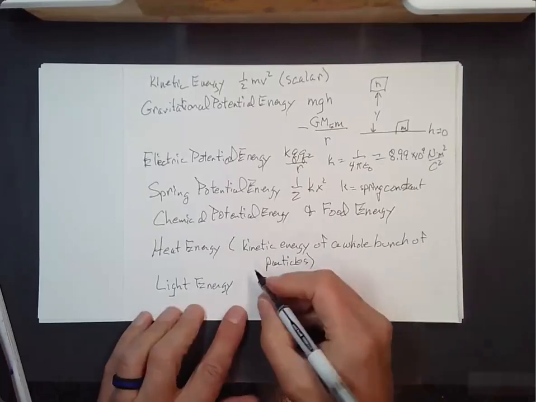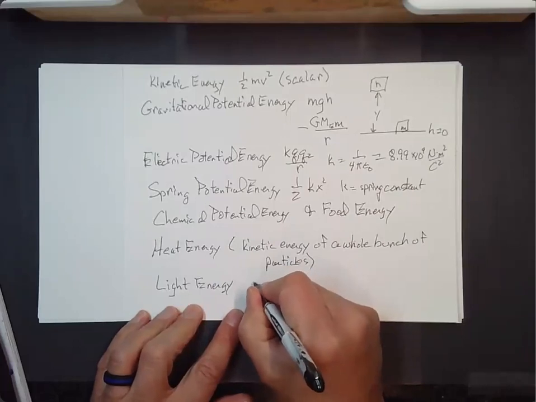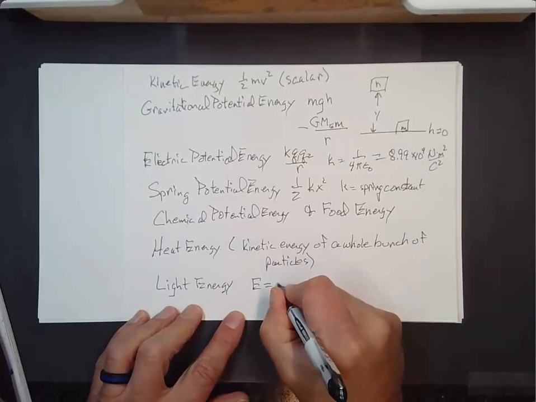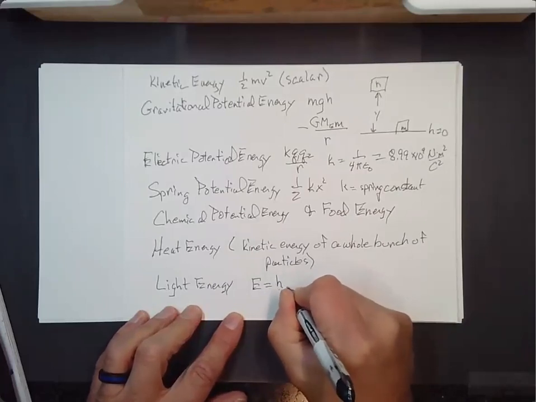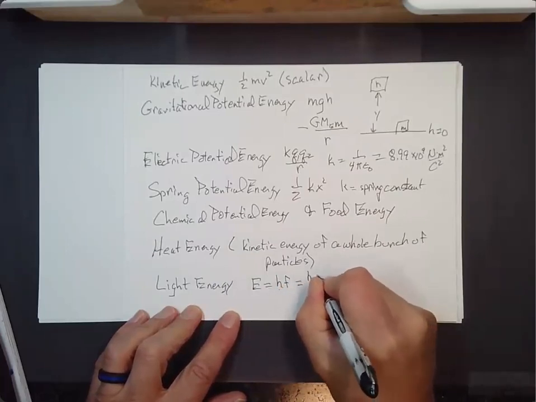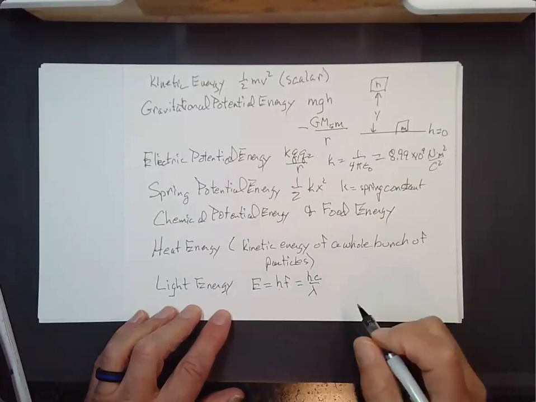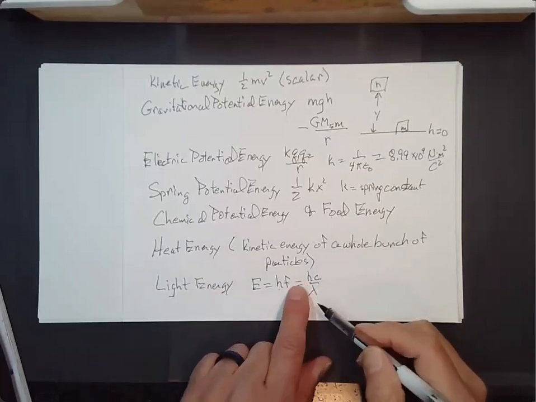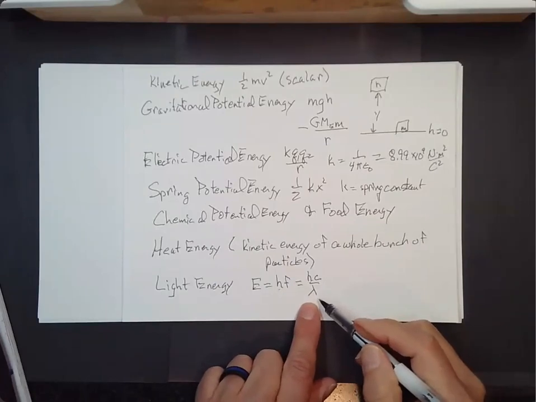But the energy of one of these little light particles can be written two different ways. A constant, h, that's called Planck's constant, times the frequency of the light, or hc over lambda, where c is the speed of light, h is still Planck's constant, and lambda is a symbol that we use for wavelength.